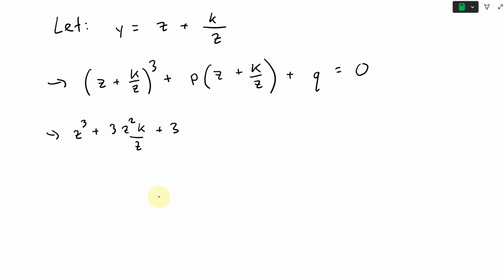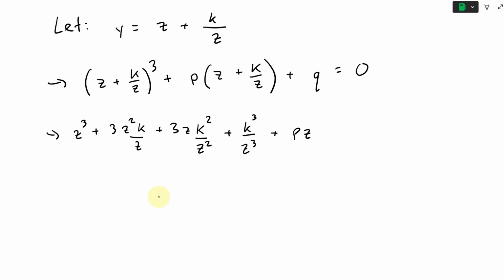Now we're going to get z multiplied once, and then k over z twice, so k squared over z squared, plus pz. Oh no, the next one is just this times itself 3 times, so k cubed over z cubed, plus, and now pz.